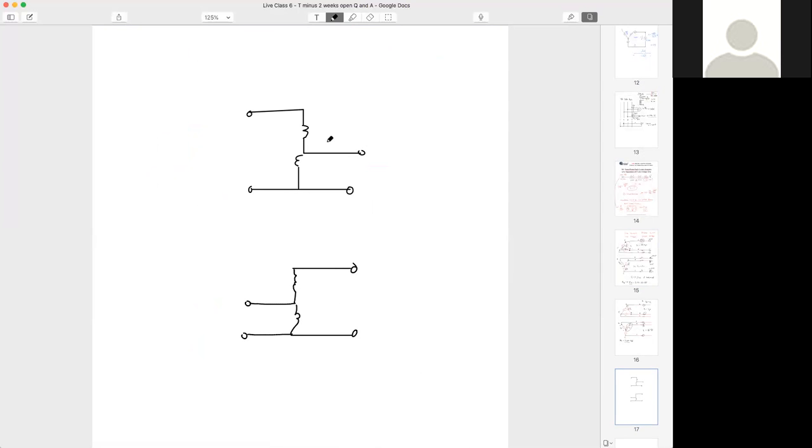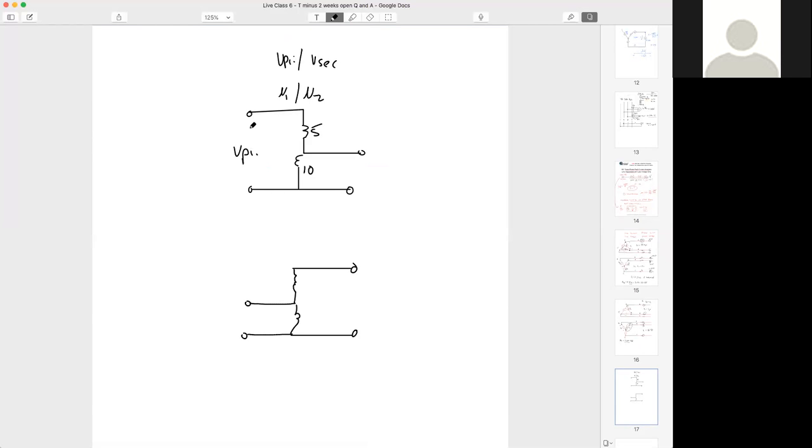All right, Omar, I'm looking for you in the chat because you asked this one. Let's say we've got a number of turns of, this is 10 turns and this is 5 turns. What is my transformer ratio? What is my N1 to N2, which is equal to the same ratio as our primary to our secondary, right?